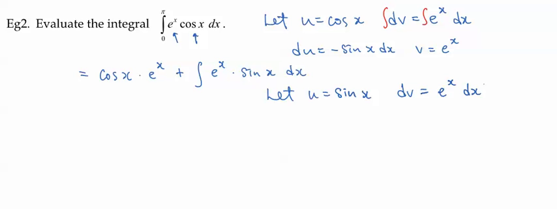Well, if you give it a try, you're going to see how they will look different. But for now, I'm going to try to be consistent. I will continue to use the trig function to be my u. And you will see why I want to do it that way.